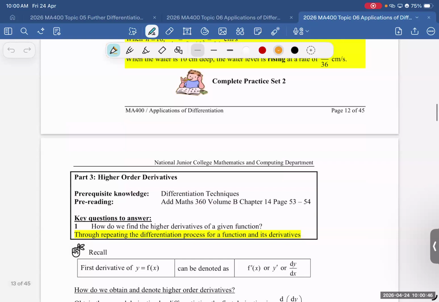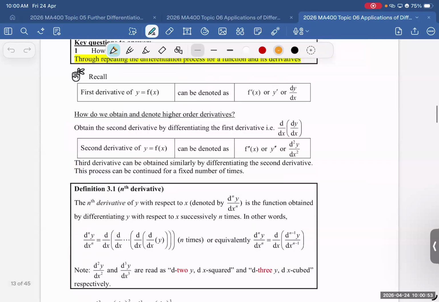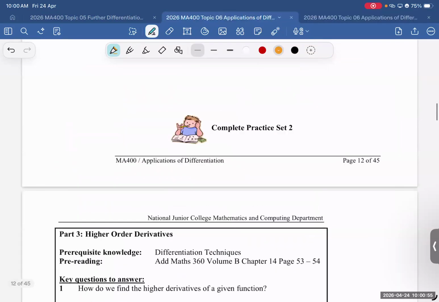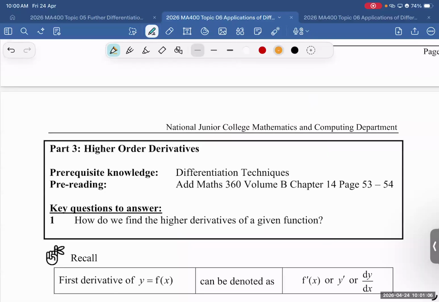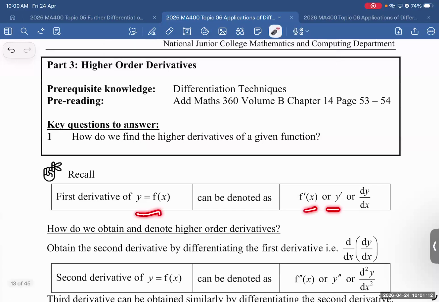Either f prime or y prime. How to obtain the second derivative? Basically, we differentiate a second time. We can write it as d^n y over dx^n.